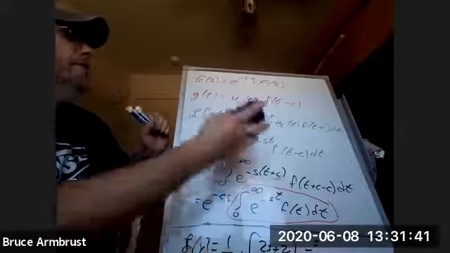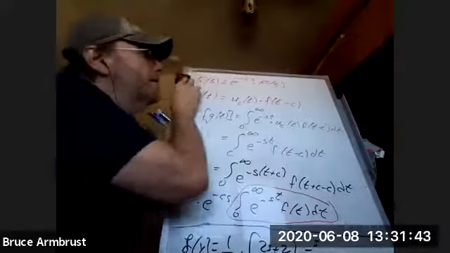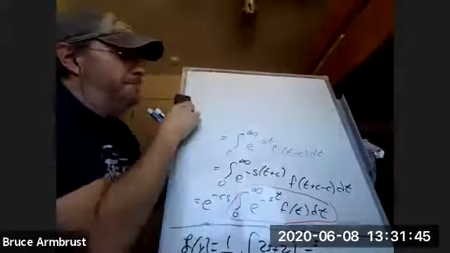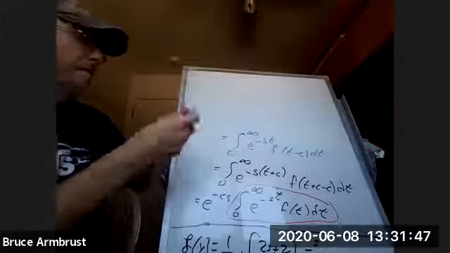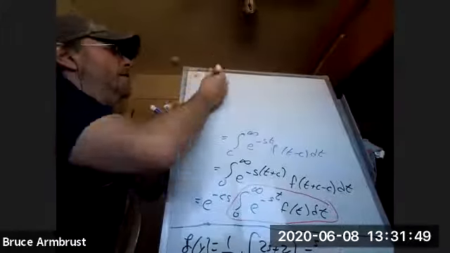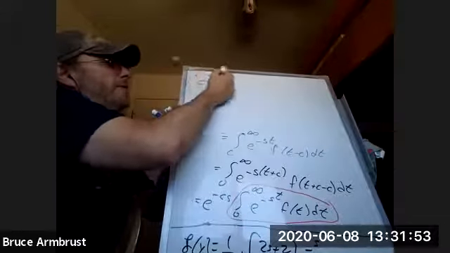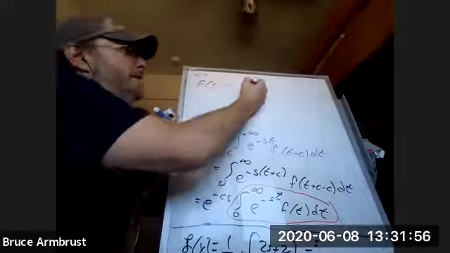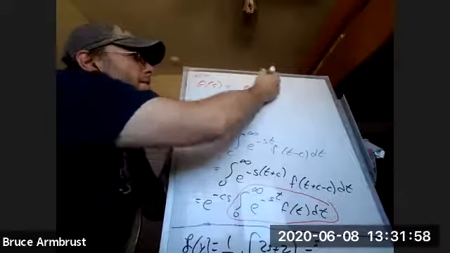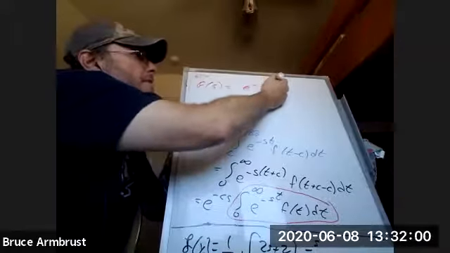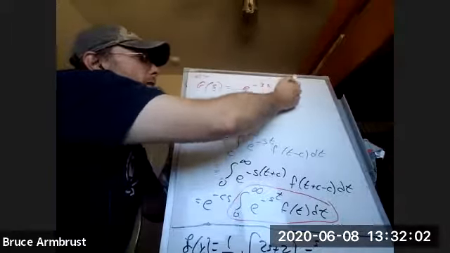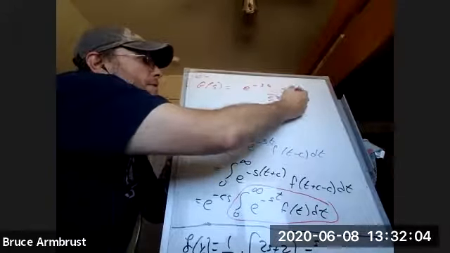All right, so here's an example. Let's say we've got some Laplace transform that looks like e to the minus 3s times s over s squared minus 1.